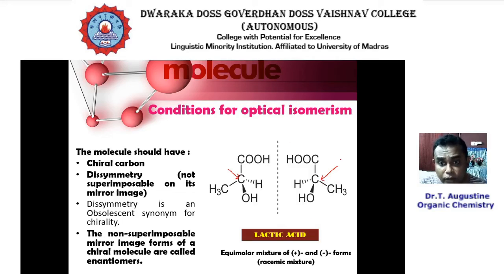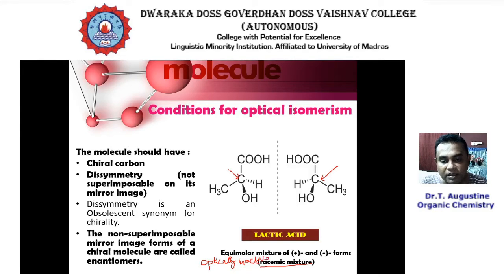An equimolar mixture of these two is called a racemic mixture, and a racemic mixture is always optically inactive. So we should remember, what are the criteria for a molecule to be optically active?